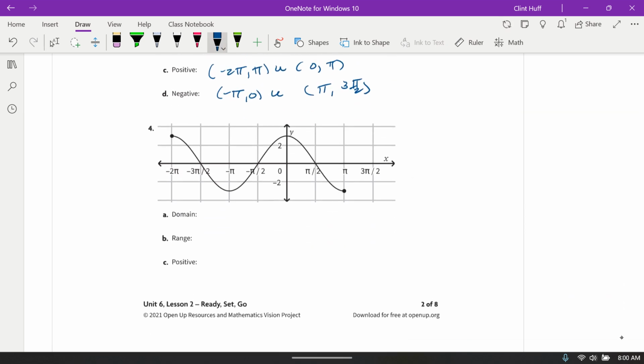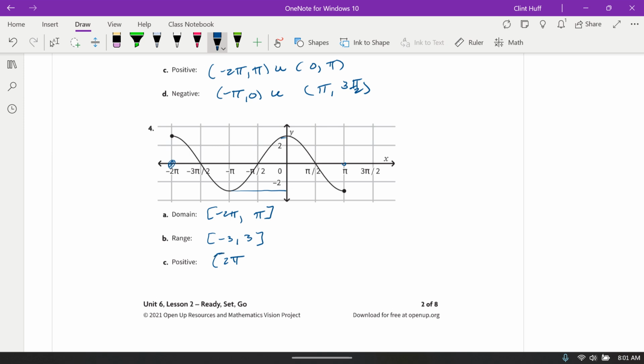Okay, the next one, the domain starts -2 pi, ends over at that end at pi. The range is another one where the range is a little tricky to read. It looks like I'm going to call that -3 to 3. It's positive from, open circle. If we just did positives, this would be open.